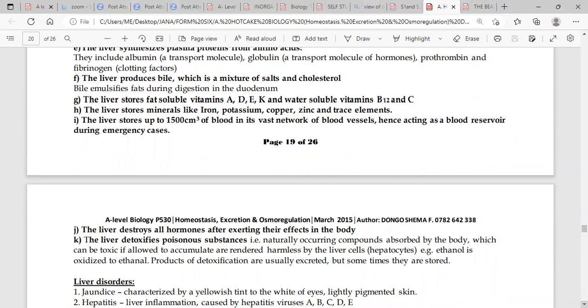These have to be removed once they have performed the role they were supposed to do. They should not be allowed to stay, because once they stay, they will bring about the effect we know as the positive feedback mechanism.